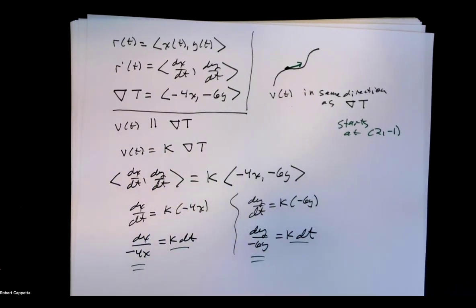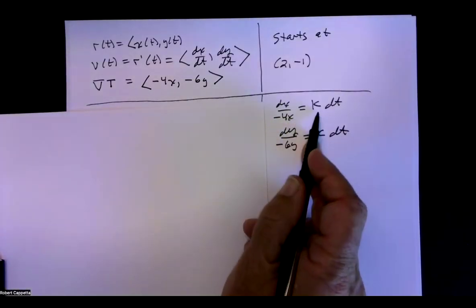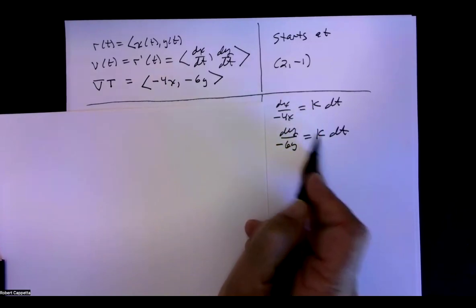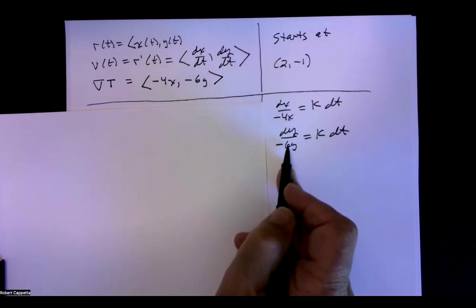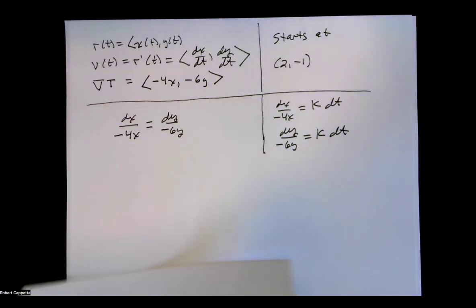So let's collect what we have and go from there. We've seen dx over -4x equals k dt, and dy over -6y equals k dt. Therefore, they would have to equal each other: dx over -4x equals dy over -6y. So we have this fact.